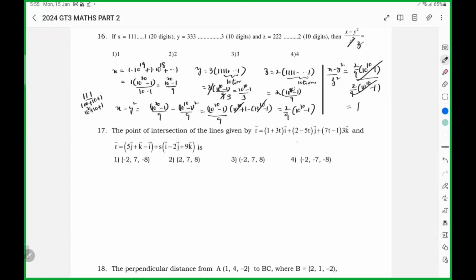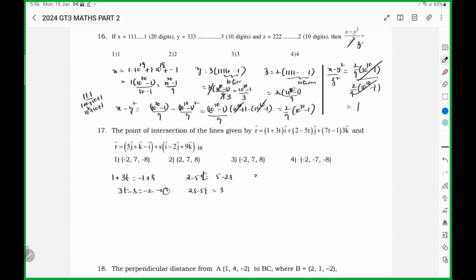So here the point of intersection of lines, r bar is, so comparing i coefficients, we get 1 plus 3t is equal to minus 1 plus s. Comparing j coefficients, we get 5 minus 2s, 2s minus 5t is 3.